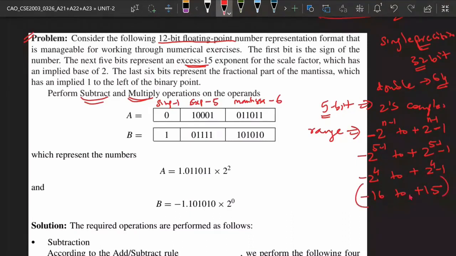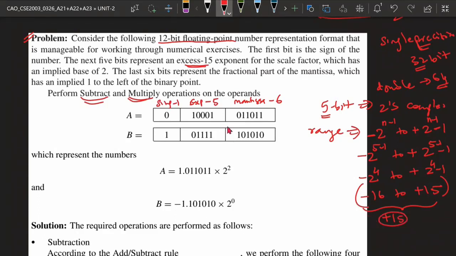But when we do the analysis in case of biasing, we use biasing to represent single precision or double precision. Instead of using the exponent as negative numbers, we try to make the range of the exponent positive. To make it positive, we add some number. Here the 2's complement range is between minus 16 to plus 15, so we will be adding 15.